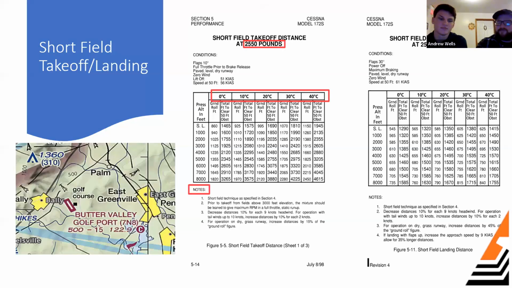Okay. And here we have a practical example of short field takeoffs and landings. Before you do these, you want to check the POH for these charts, because you don't want to take off and find out you can't climb above this obstacle wherever you're at. So the first thing you want to do is get your pressure altitude and your temperature, take the numbers there, read the notes, and make sure that the runway is not going to be too short.